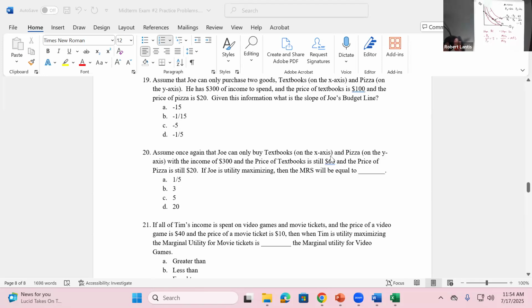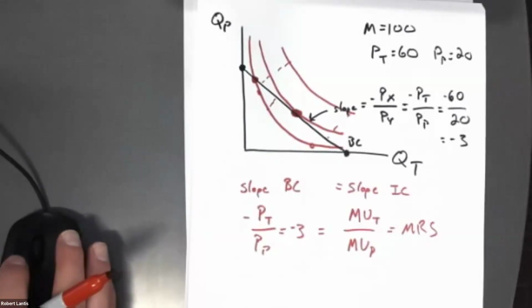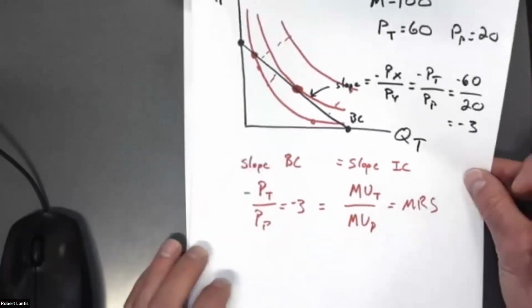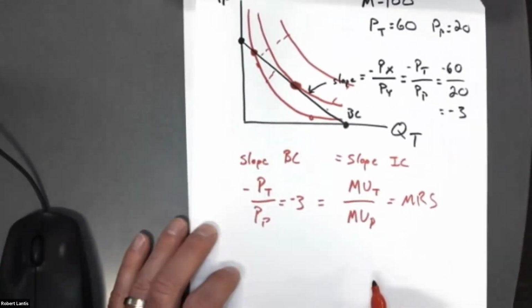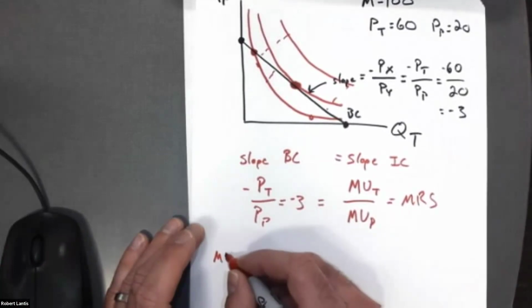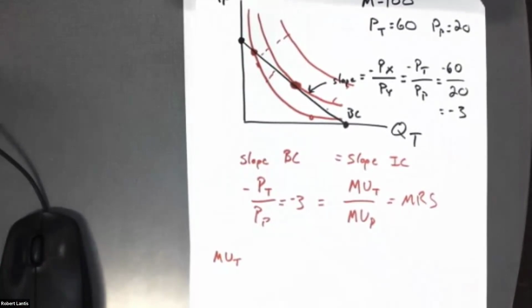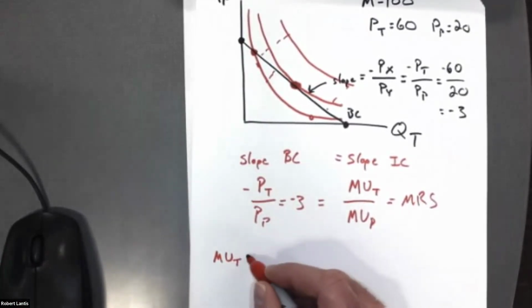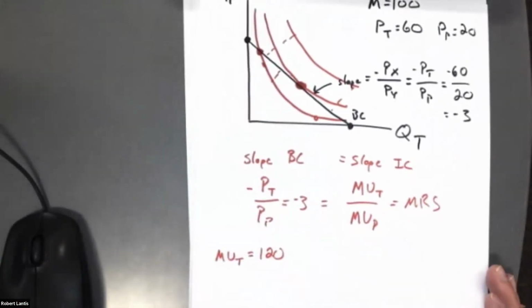Any questions? I could actually add in something else that I could ask you here. Another wrinkle in this problem. Let's say we had the exact same setup, but I instead told you that the marginal utility of the last textbook was, to make the math easy on myself here, 120.